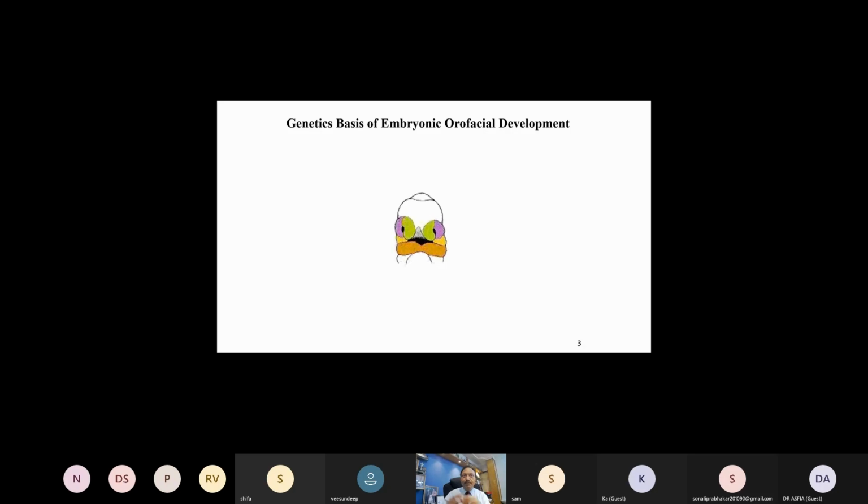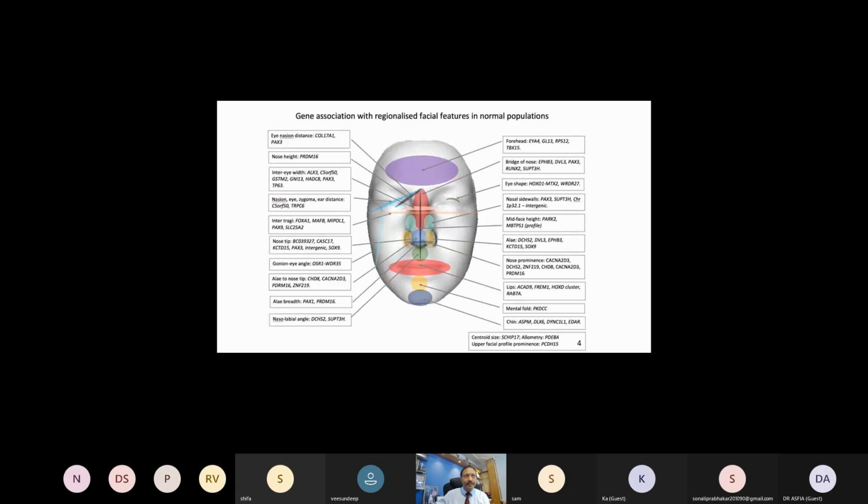But before that, let us come to the genetic basis of the embryonic orofacial development. This is something that we should all understand, if not in depth, but we should have some idea of it. We are working on genetics of cleft since 2004, and we have published many original articles. We are one of the largest groups working on cleft genetics in the world, and the pioneers in the country.